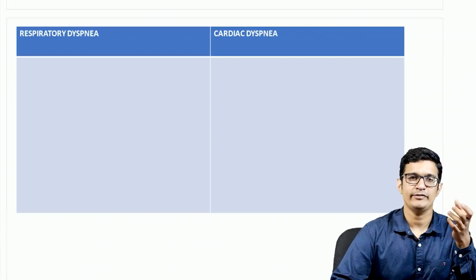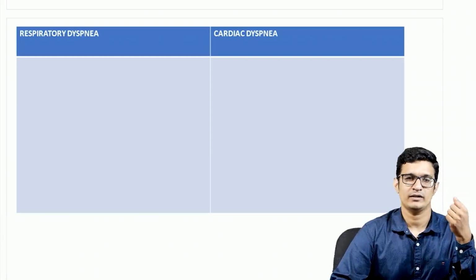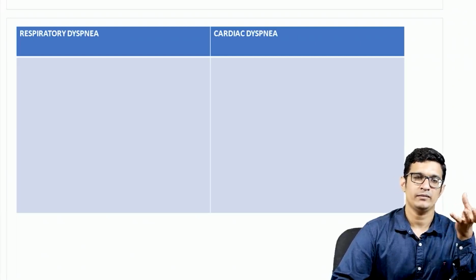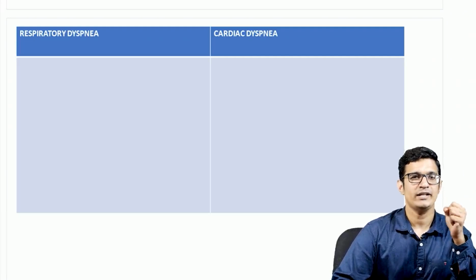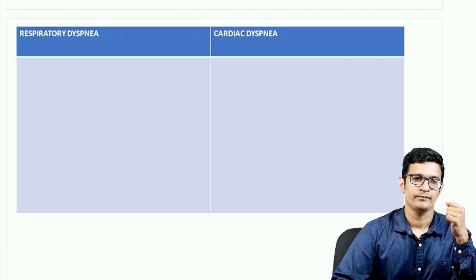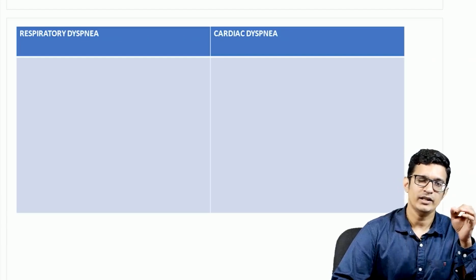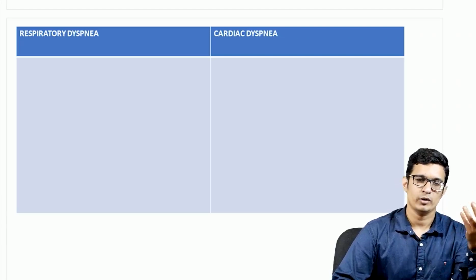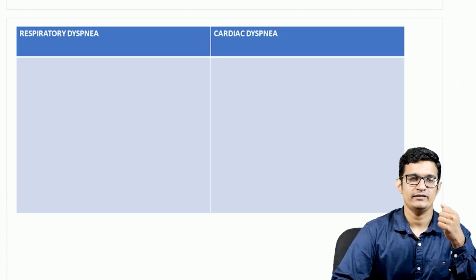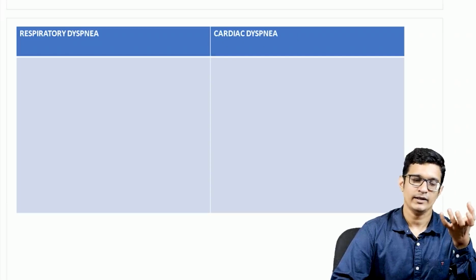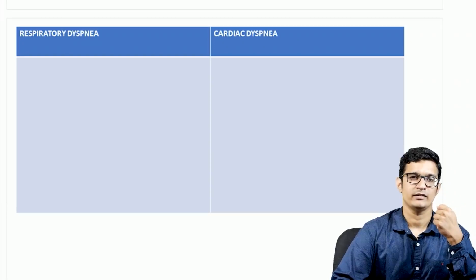Left ventricular failure is a common cardiac cause of breathlessness. Coronary artery disease leading to myocardial fibrosis and myocardial pumping failure is another cardiac cause. Any obstruction or constriction of the airway due to bronchial asthma or chronic obstructive airway disease, or collection of pus in the airway due to bronchiectasis or pneumonia, can be a respiratory cause of breathlessness.